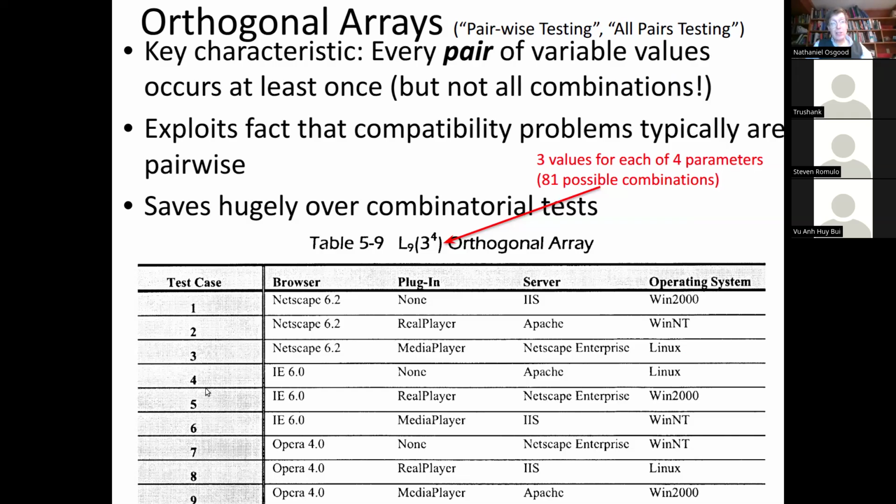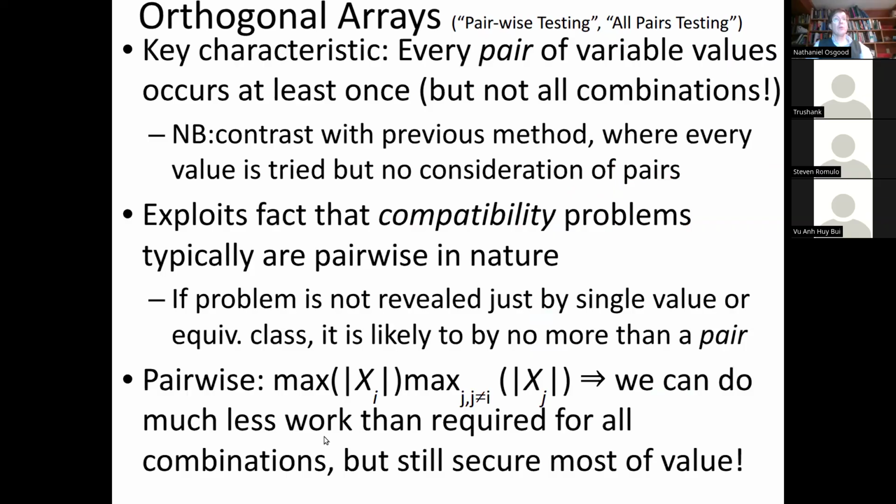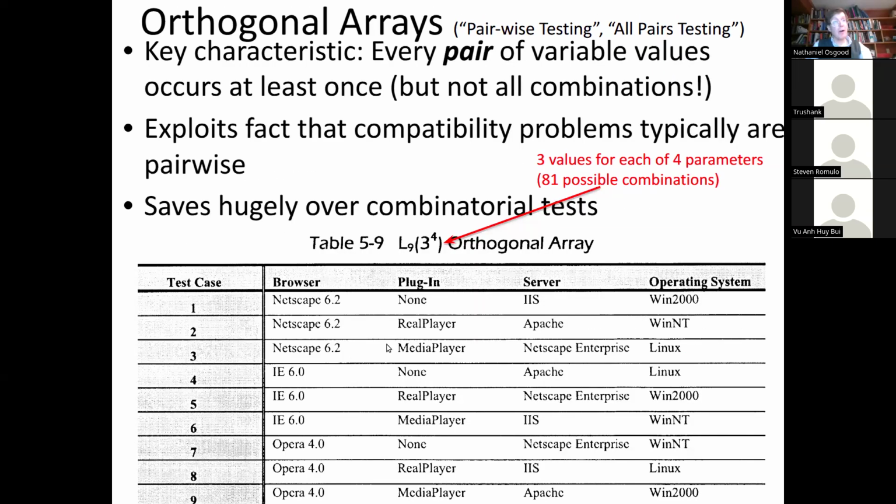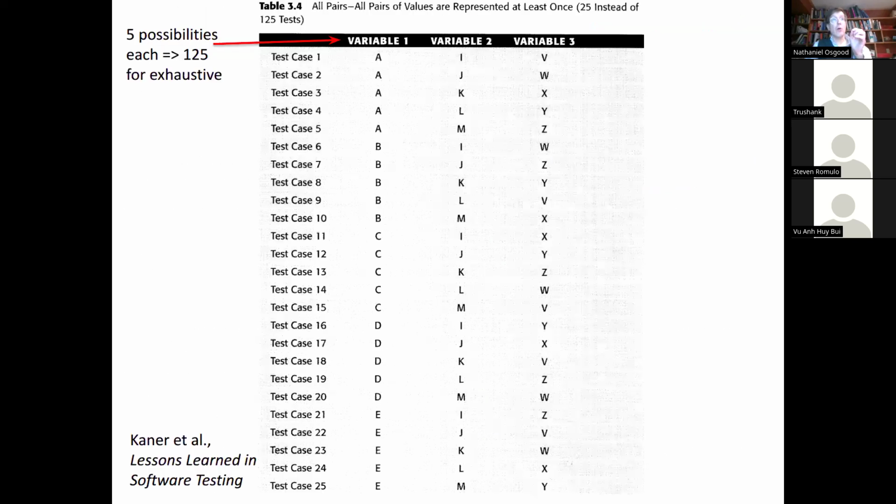And that allows me to do this testing in a vastly smaller set of possibilities, 9 compared to 81, right? 1/9 the number of possibilities. So we are testing every pair of variable values. Every pair of variable values is guaranteed to be tested at least once. But we're doing so with vastly fewer possibilities.